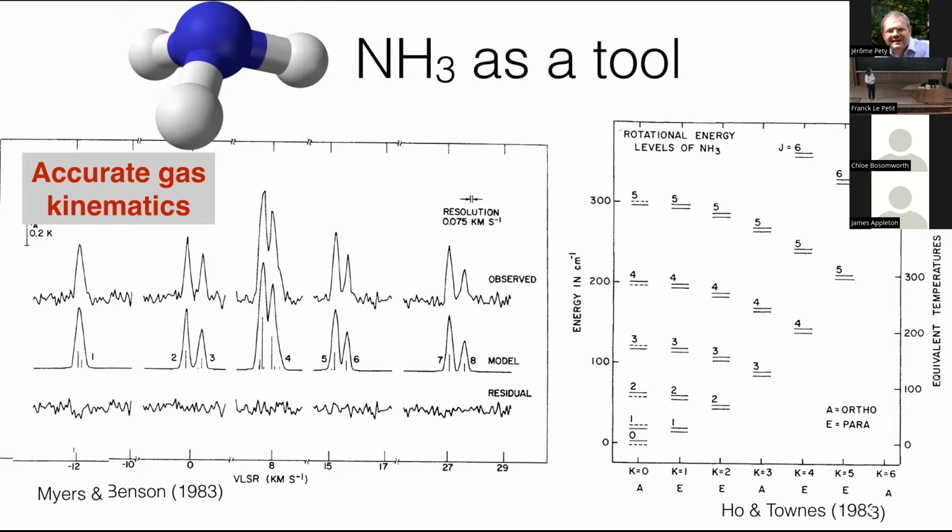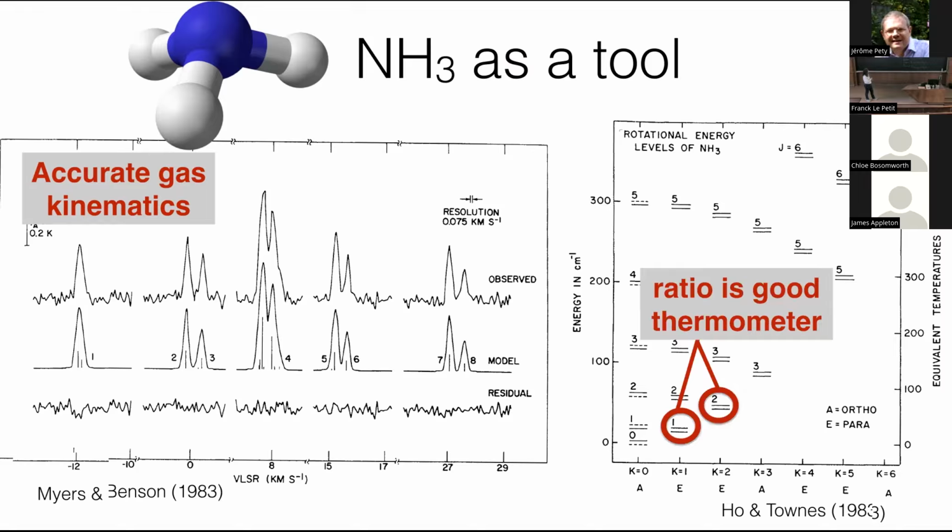And that means that if you are able to estimate the column densities or the intensities from these two, for example, the 1-1 and the 2-2 transitions, you can make some weak assumptions about the physics of the gas and get a good estimate for what's the temperature. So that's why ammonia is one of the gold standards for temperature measurements in cold regions in particular. If you go to warmer regions, then you need to include many more of these transitions, but then also other species are actually much more useful.